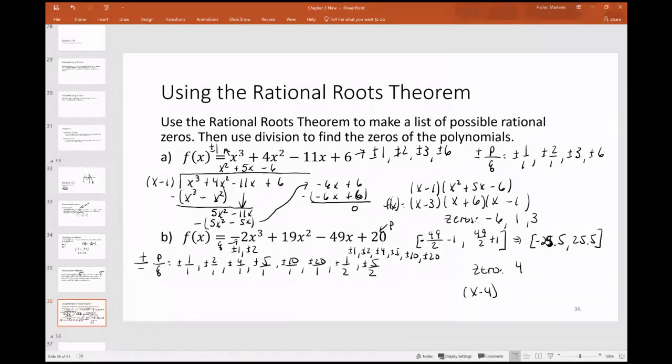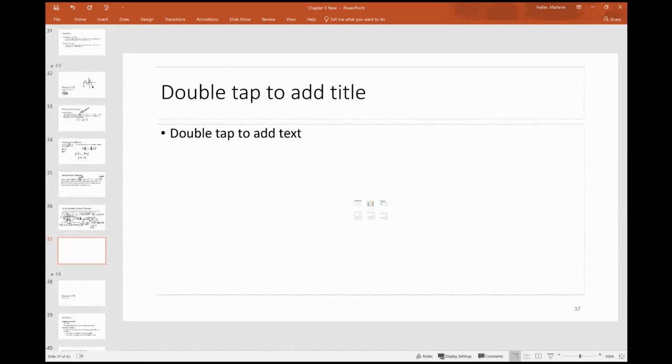So if we do long division into our function here, negative 2x cubed plus 9x squared minus 49x plus 20, then I will find what's left, and I could try one of the other factors. Now let's see, we'll just open a blank page here. There we go.